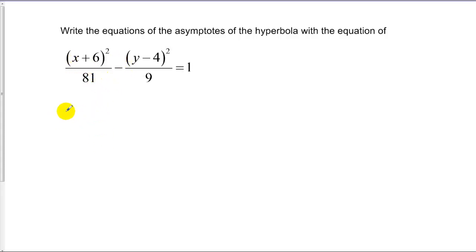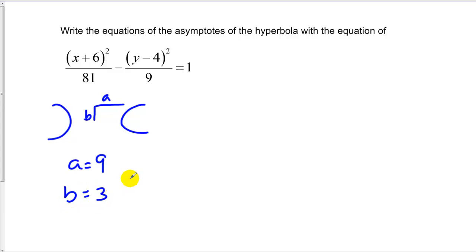I know this is horizontal opening. If this is horizontal opening, then my rise over my run is going to be my B over my A term. So I guess it's important that we find both of those. My leading term is always my A term, so A is equal to 9 in this case, B is equal to 3. And I should be able to go ahead and write that actually right now.